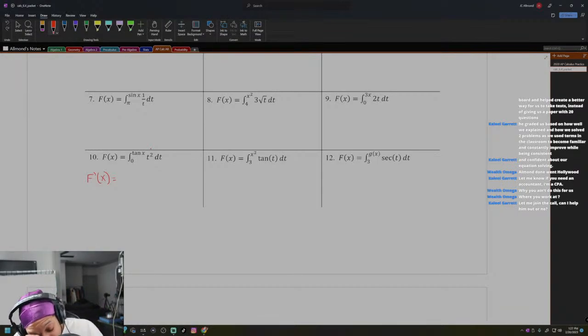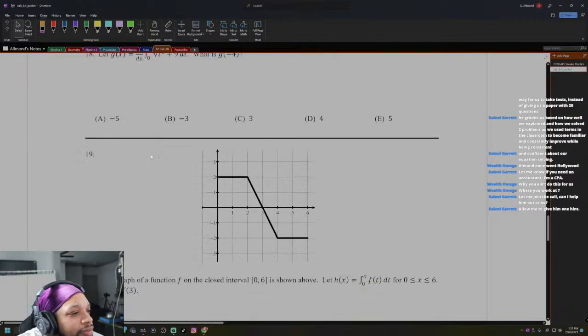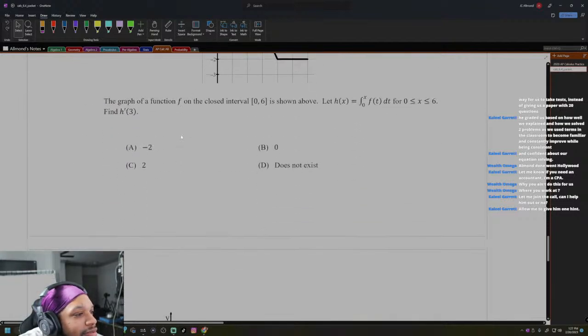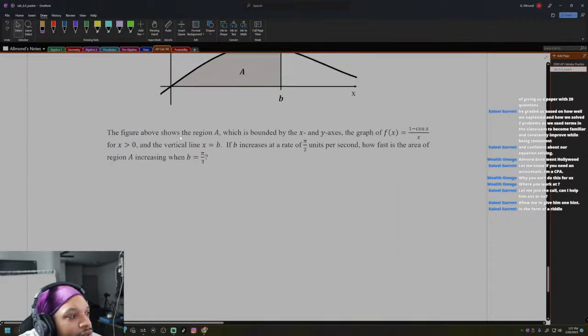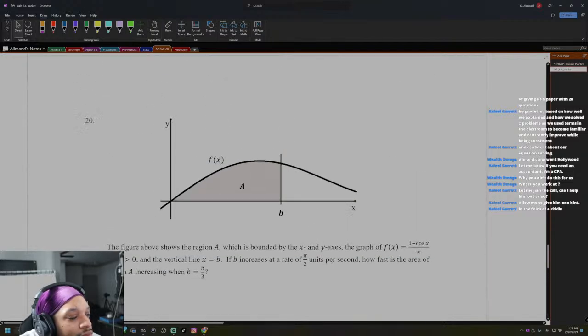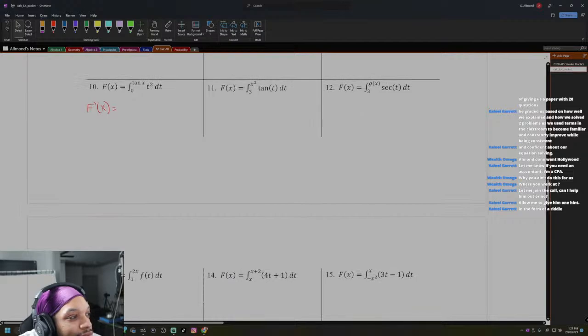After this, we can do 19 or 20, might be good. Alright, so I think the final answer is secant square x times 10x squared.